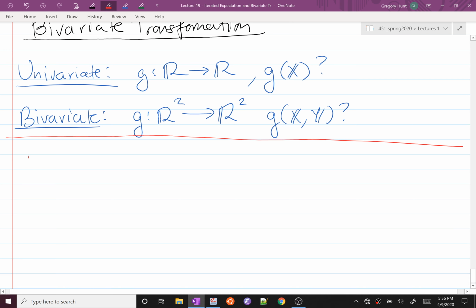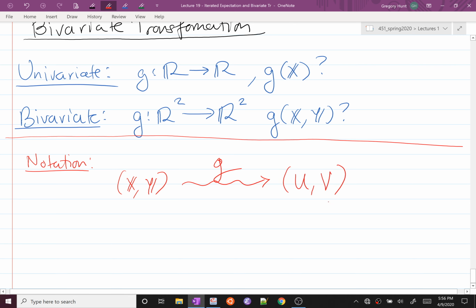So for notation with bivariate transformations, the typical way to do this is, I go from a pair of random variables x comma y, I have a two-dimensional function g, and I'm going to spit out two new ones, and I'm going to call them u and v, just for fun. Those are my new random variables. So examples of this: u comma v could be some transformation of x and y.